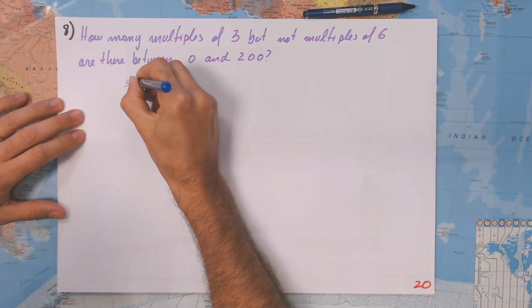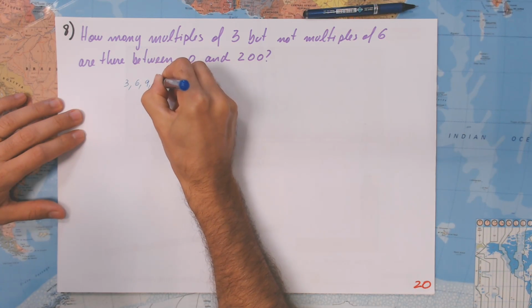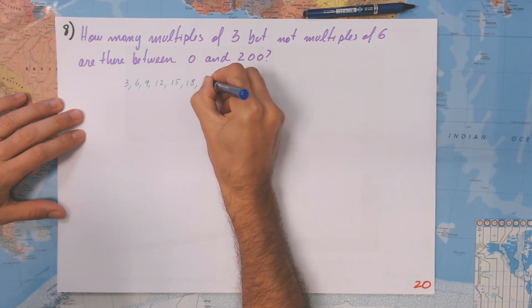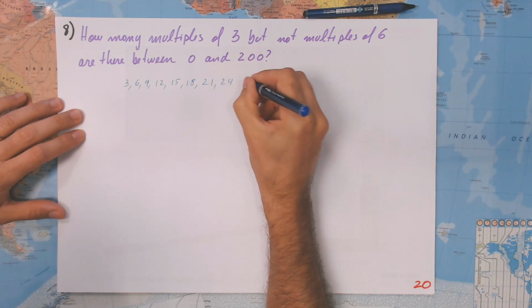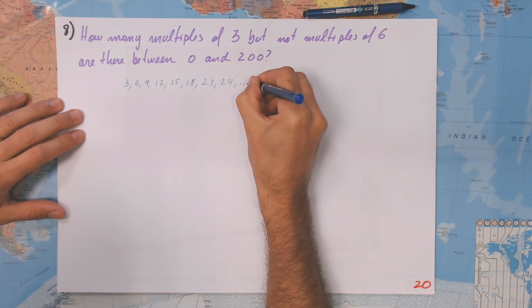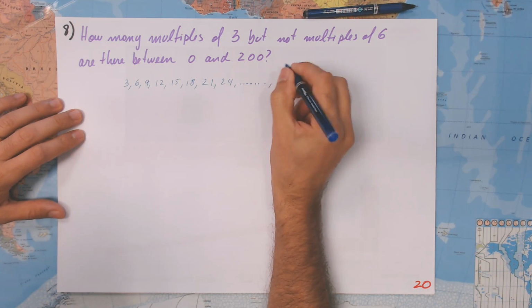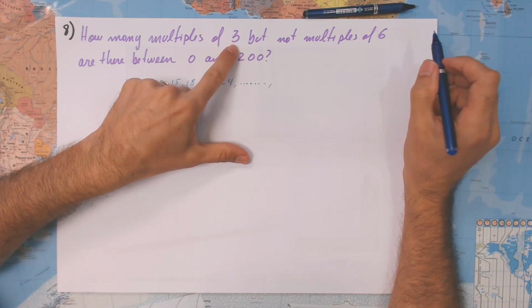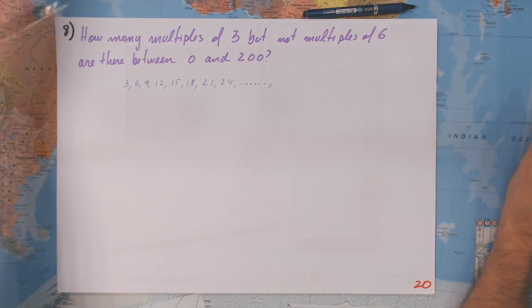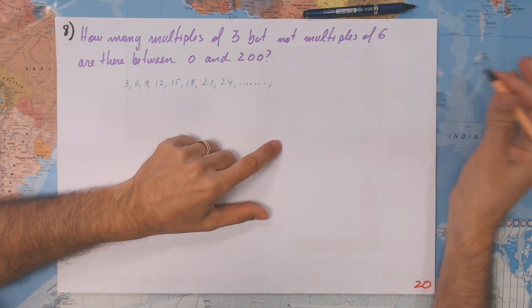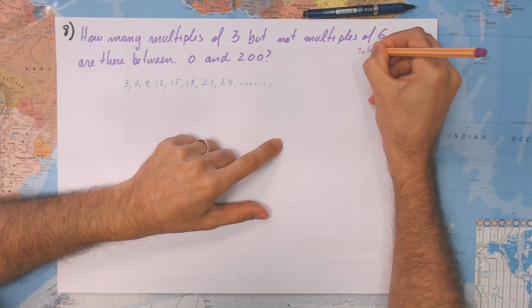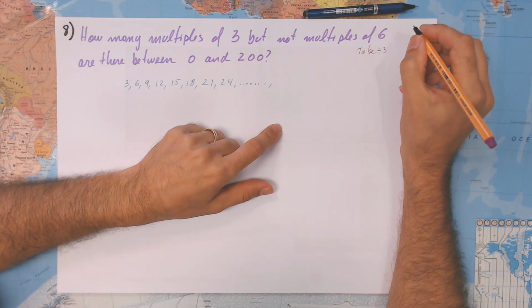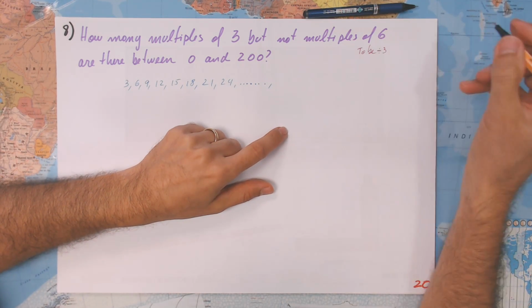Okay, 3, 6, 9, 12, 15, 18, 21, 24, and so on. And then where are we going to end? Well, remember, to be divisible by 3, the sum of the figures must be divisible by 3.